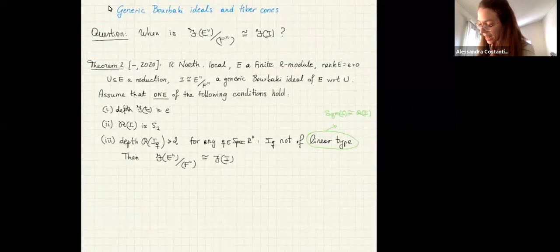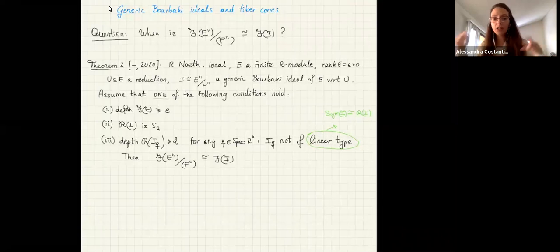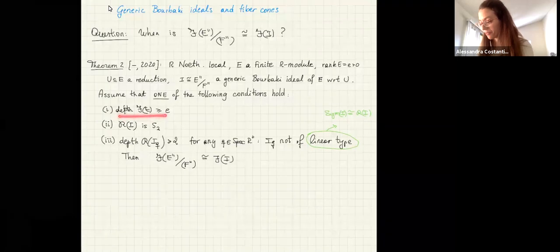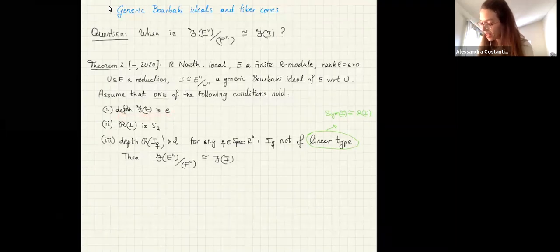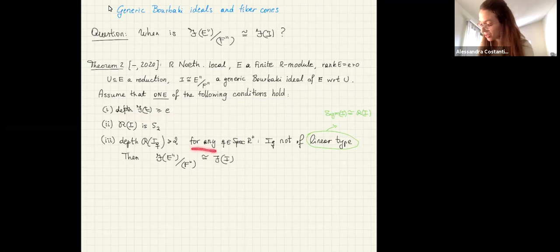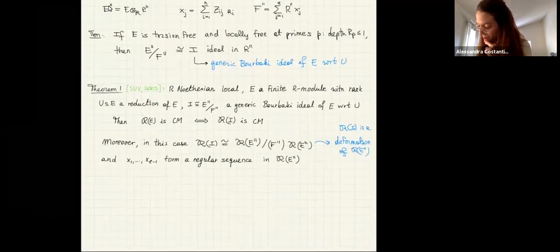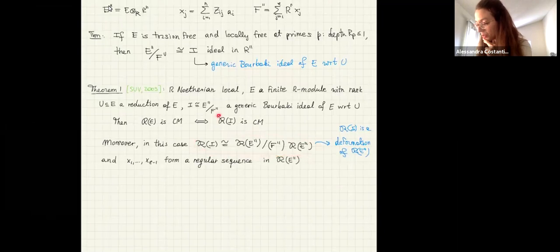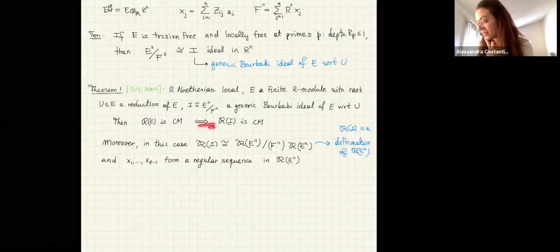What happens here is that if you replace that condition on the grade of the unique maximal ideal of the Rees algebra with the depth of the fiber cone being at least the rank, this will allow a deformation in this case, and we'll see later that that's going to let you prove that if F of E is Cohen-Macaulay, then F of I is Cohen-Macaulay. These two conditions here instead allow this deformation property to happen, especially when you know that R of I is Cohen-Macaulay. So those are underlining the proof of this direction.